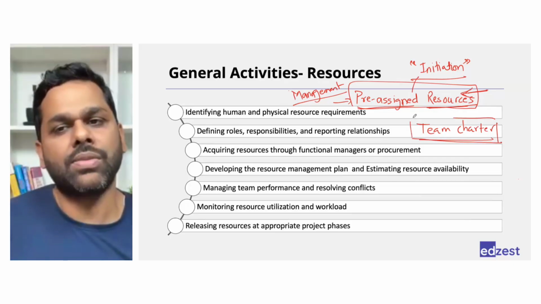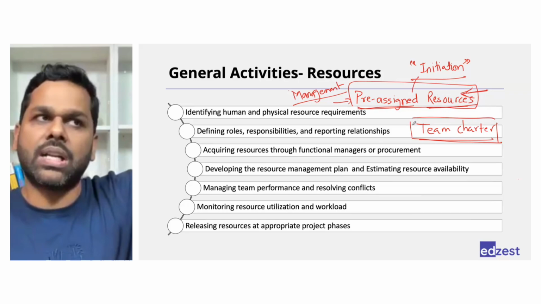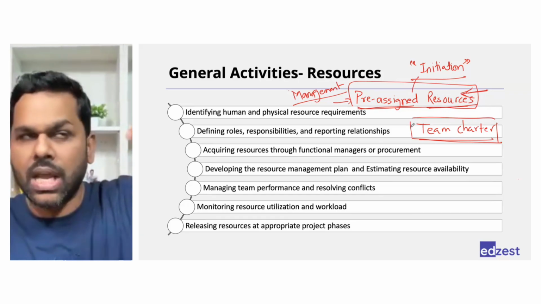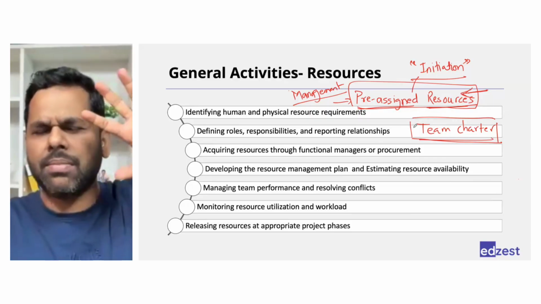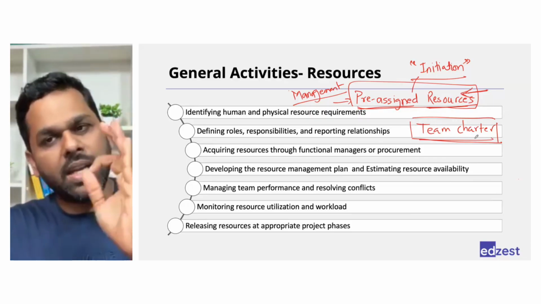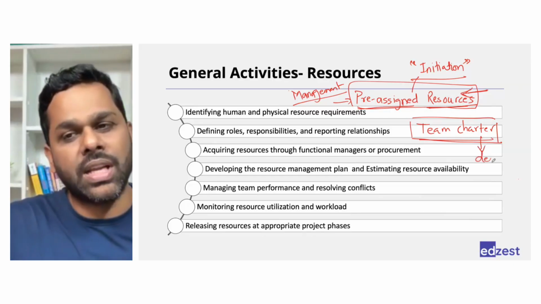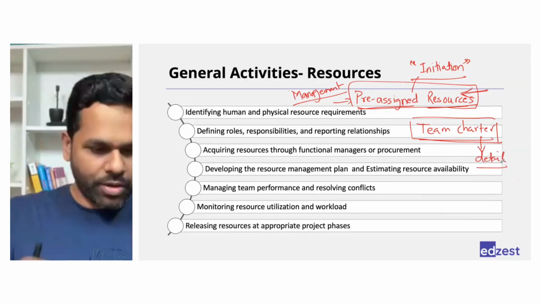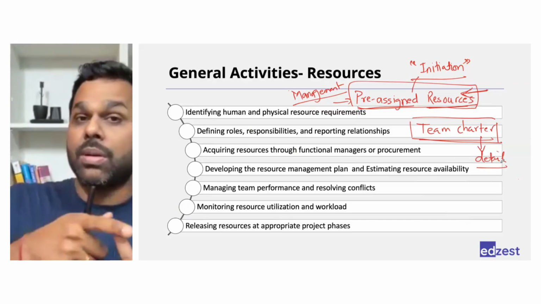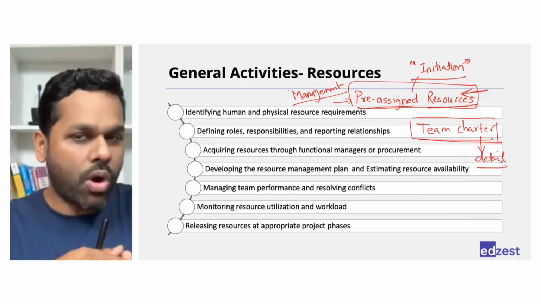See, there is one document called project charter. Project charter is a summary document of the project, why we are doing the project, and what the project is, at a very broad level. Team charter is the opposite. Team charter is complete detail of the team members. There would be a directory, phone number, email ID, designation, this and that. There would be some ground rules, who will follow what.